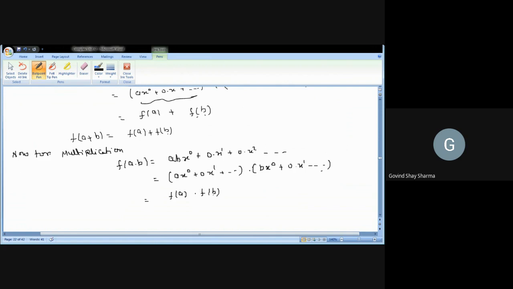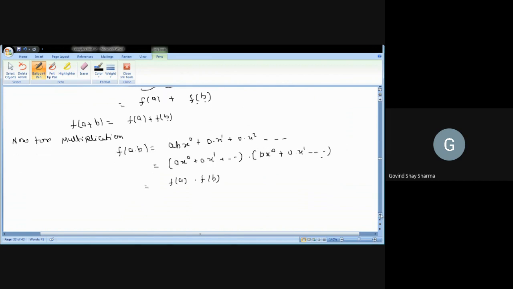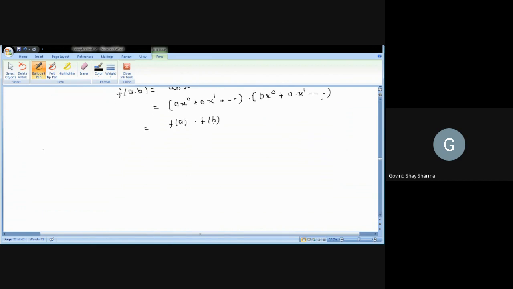That means we can say that f is one-one, onto homomorphic.